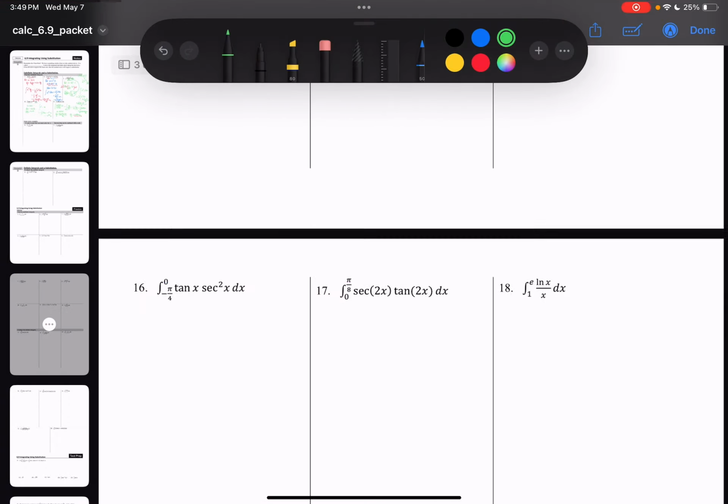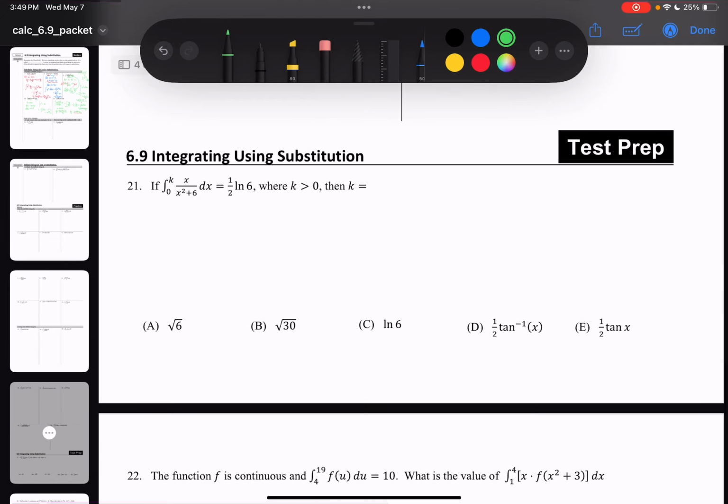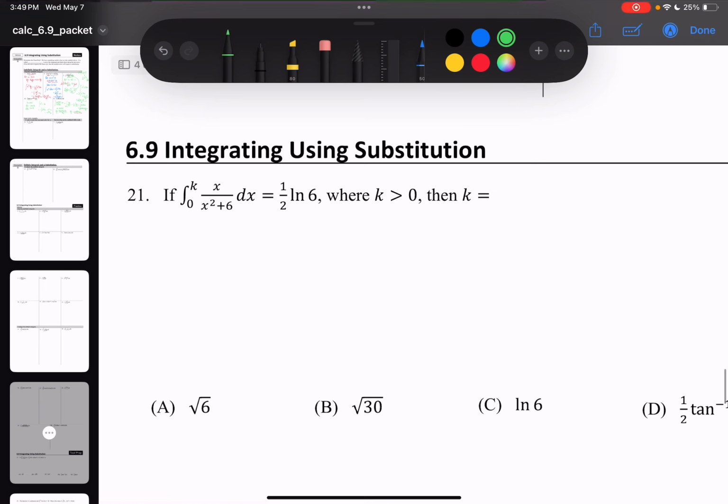So we're going to jump into the higher order thinking questions in 6.9. In this question, they said, if the integration of x over x squared plus 6 dx from 0 to k is 1 over 2 ln of something, where k is bigger than 0, what is k? So first of all, from 0 to k, x over x squared plus 6 dx.